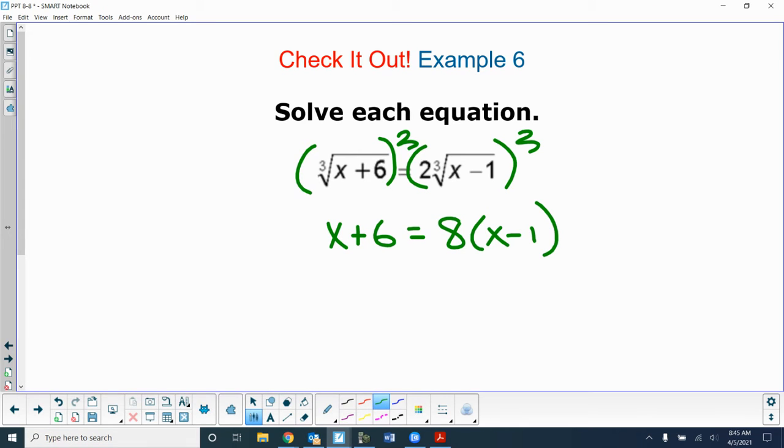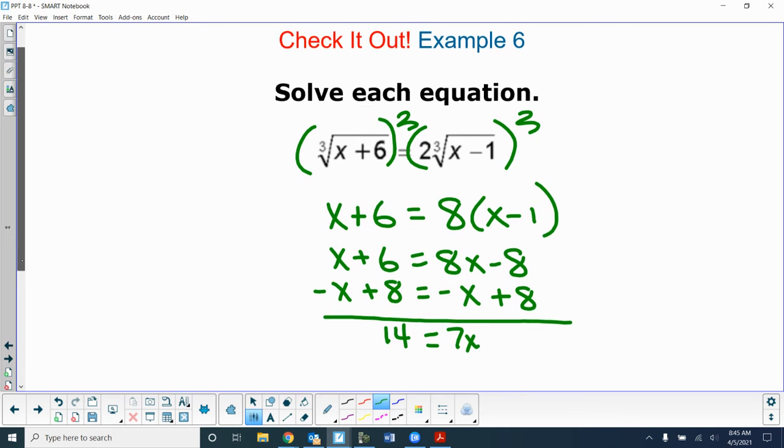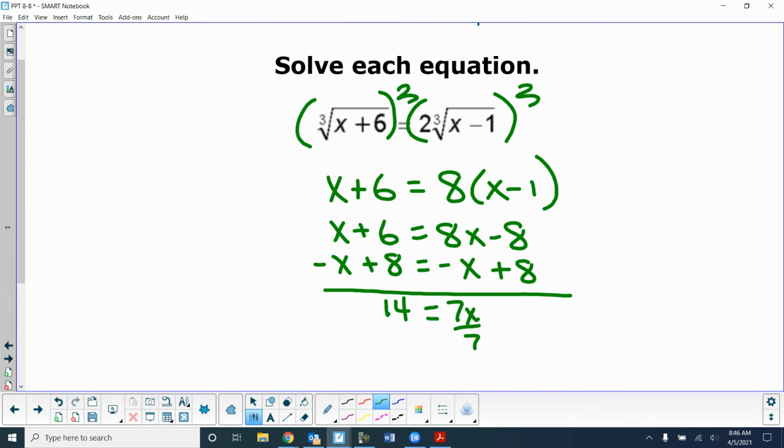So I got to distribute the 8. And then I guess I'll add the 8 and subtract the x to keep my x positive. So we have what, 14 and 7? So what do we get? 2. Making sense so far? So maybe they don't give us a 2 plus or 2 minus in there. So I'm not going to worry about it unless they give us one of those.